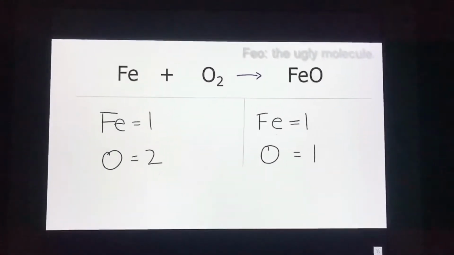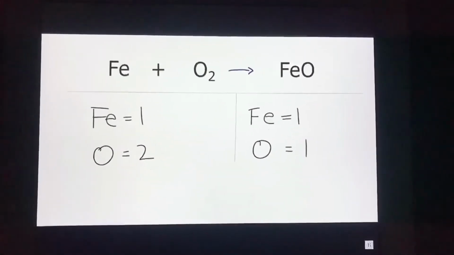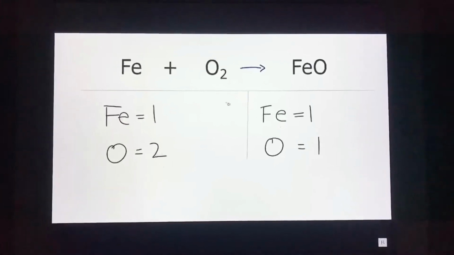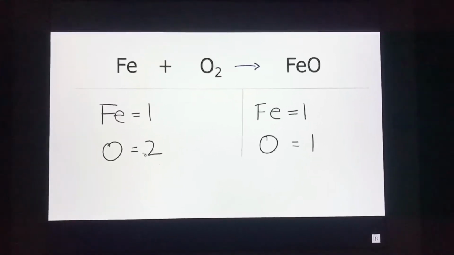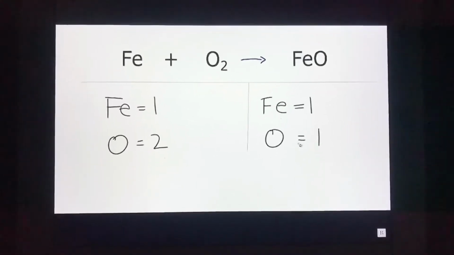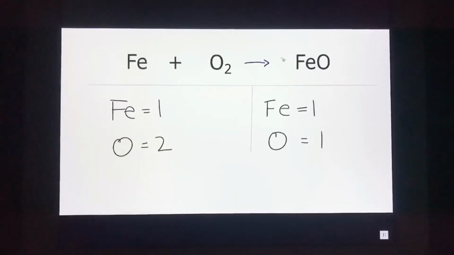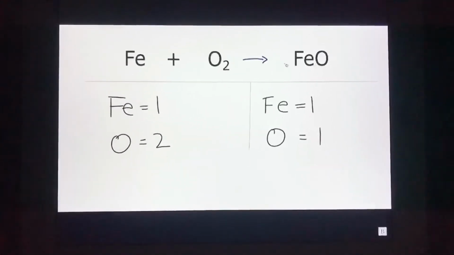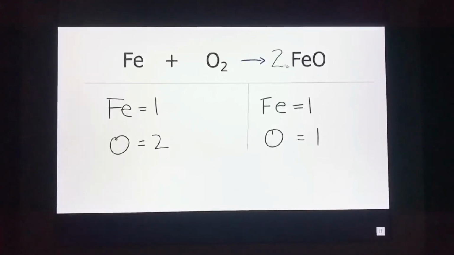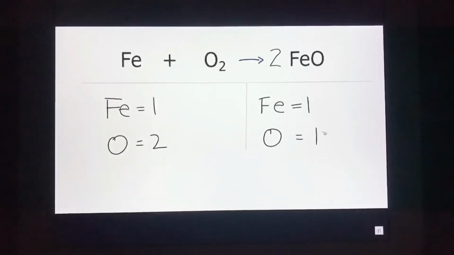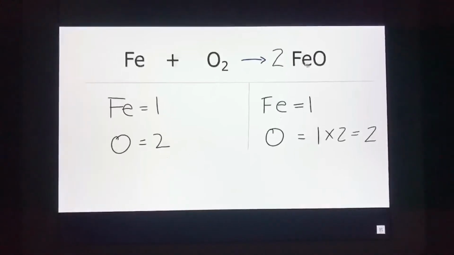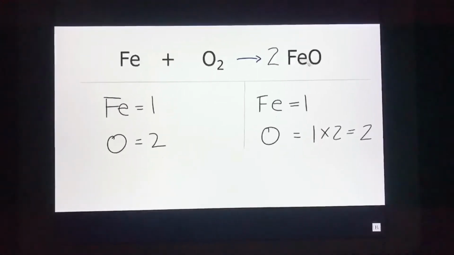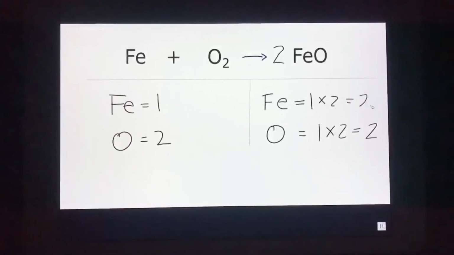Iron plus oxygen, we get iron oxide. Here you see iron 1, oxygen 2. But in the product iron 1 and oxygen 1. So here we need to balance it. What can we do? We can multiply the iron oxide by 2, so that we get iron 2 and oxygen also 2.